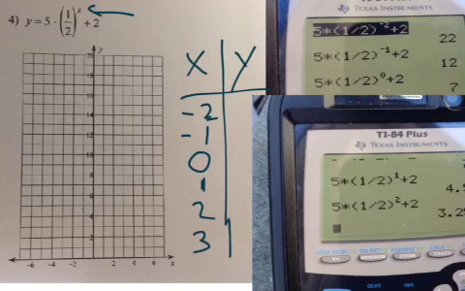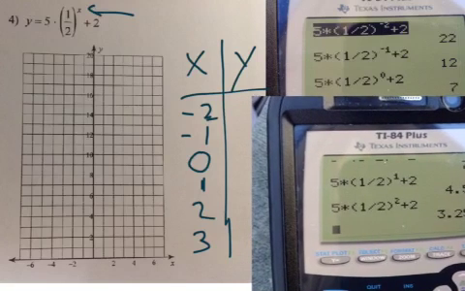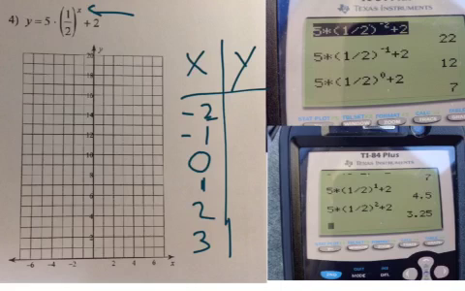Now, as you can see on the calculator, let me shrink this one down a little bit. I already did the calculations with my calculator, and the key thing I want to emphasize, guys, is you must make sure you're good with your calculator in completing these calculations, okay?